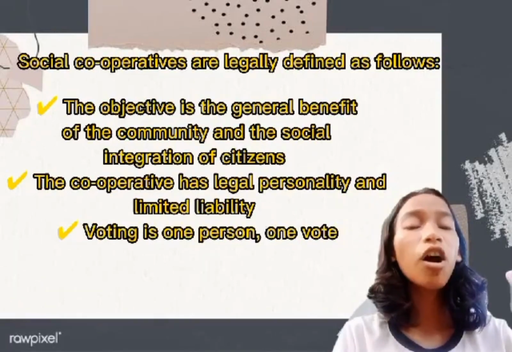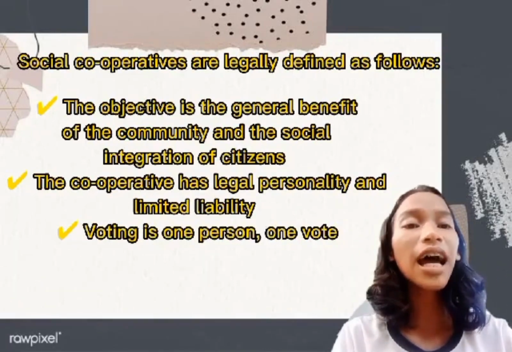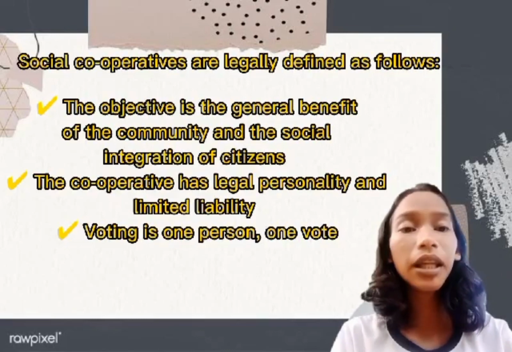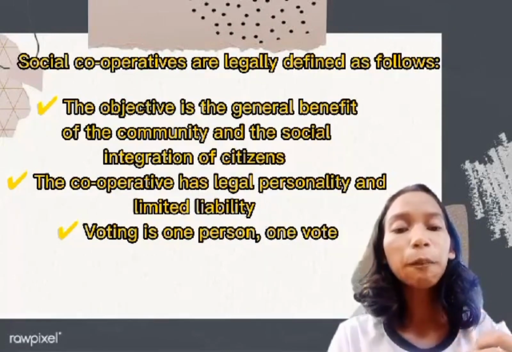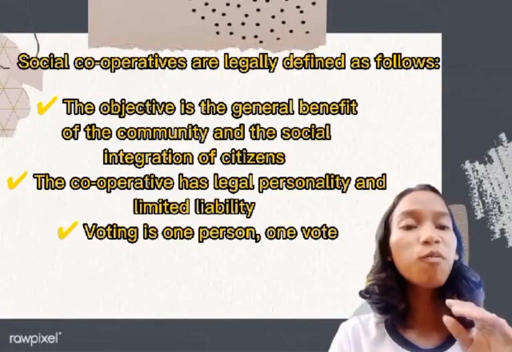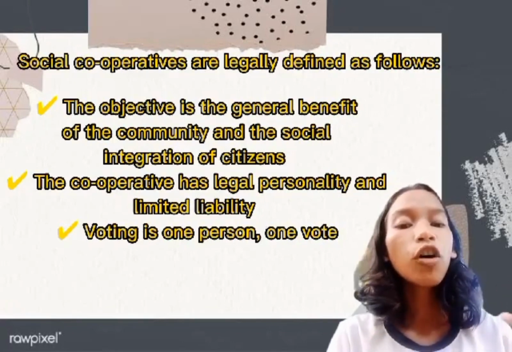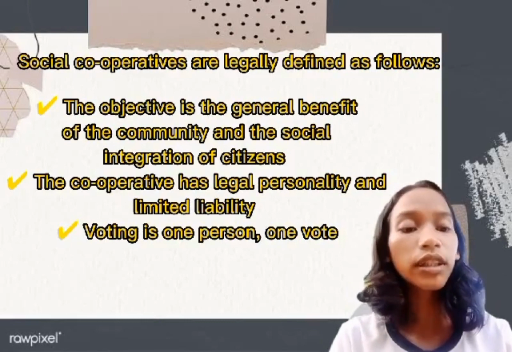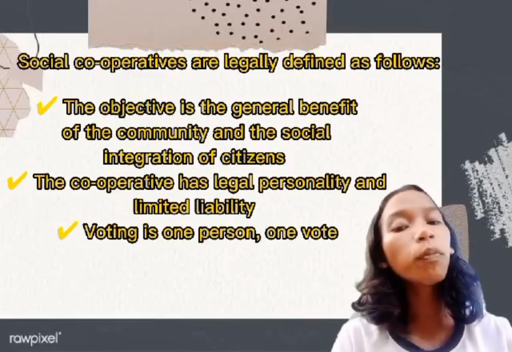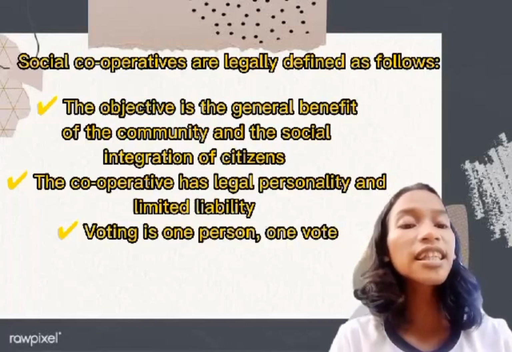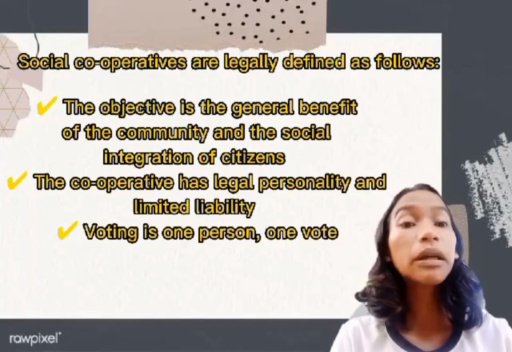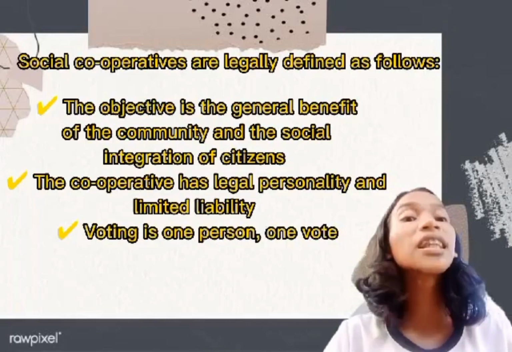Second, the cooperative has legal personality and limited liability. This means that in a social cooperative, members of the cooperative are not personally responsible for the debts that they incur. It also means that if the cooperative should do something against the law, the members can't be held personally responsible.